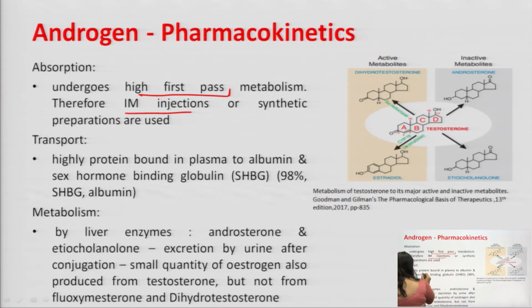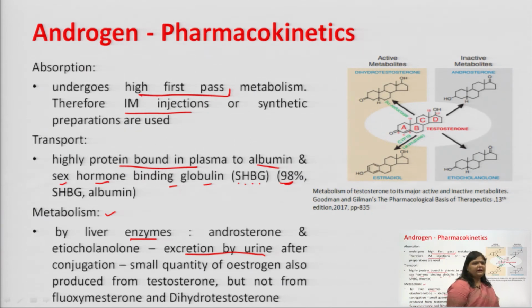Then these drugs are bound to plasma proteins, to albumin, and also to SHBG, which is sex hormone binding globulin. 98% of the drug is bound to these proteins. Then they are metabolized by liver enzymes, and they undergo conjugation reactions and are excreted in the urine.